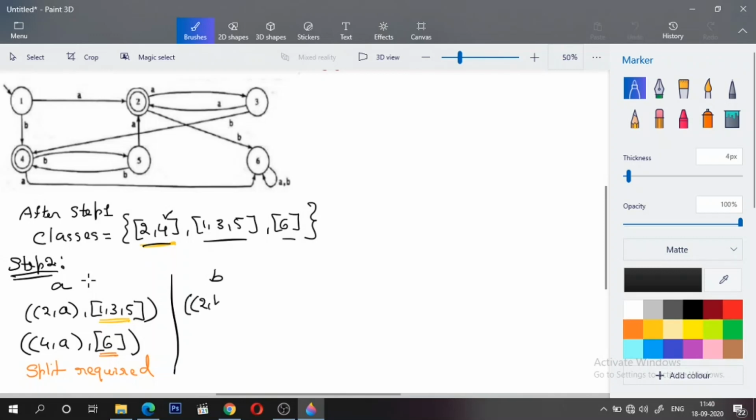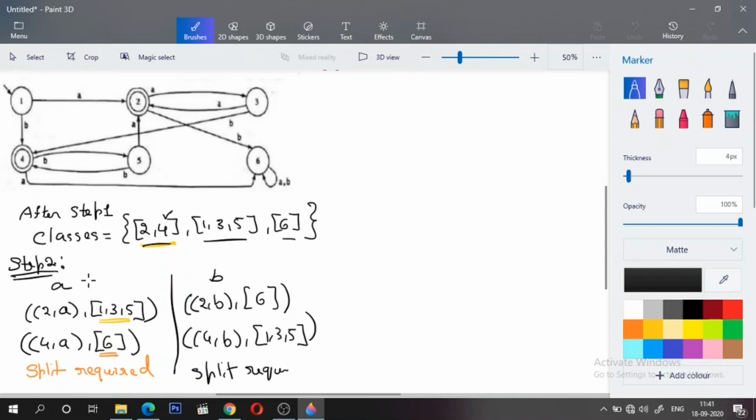So 2 upon B will make a transition to 6, and 4 upon B will make a transition to 5, which belongs to 1, 3 and 5. Of course the split is required.